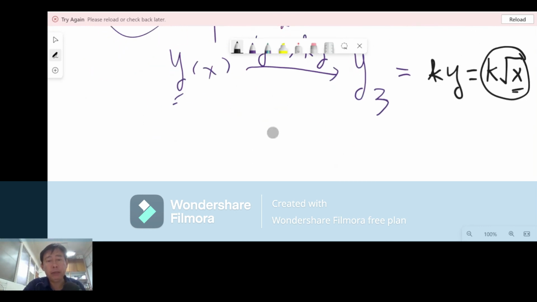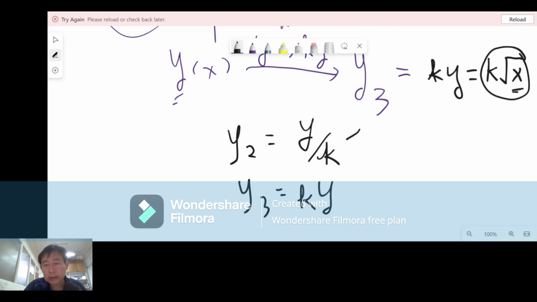So you compare this to y2, right? y2 is the original function divided by a factor of k. y3 is the function multiplied by k. So this is the formula for the vertically compressed function, and this is the formula to describe a curve which is stretched along the vertical direction. Here, let me try to reproduce the function y3.